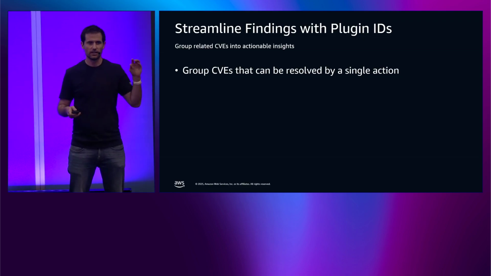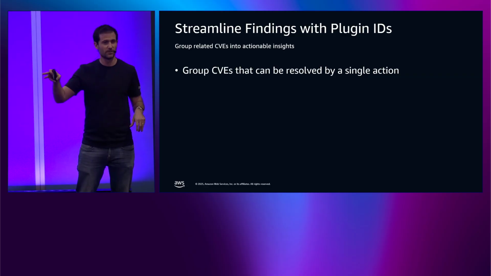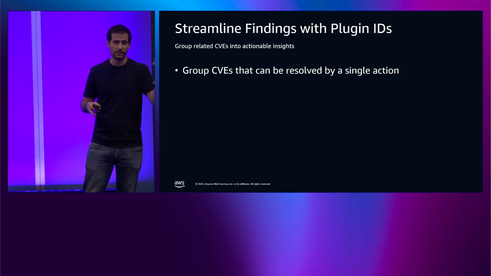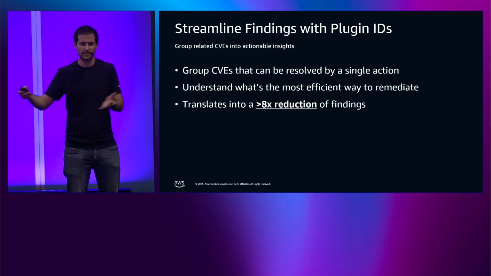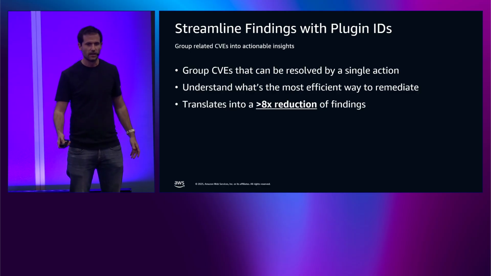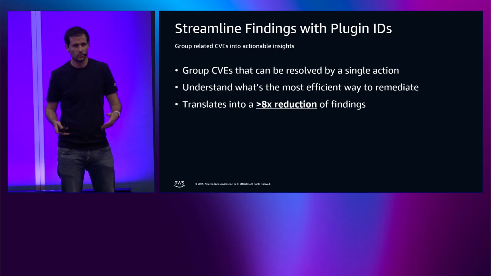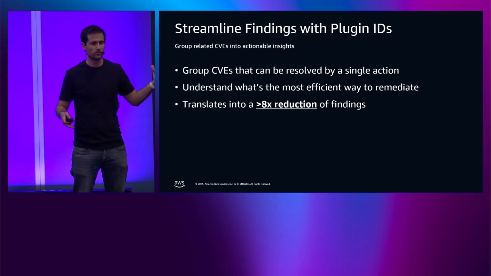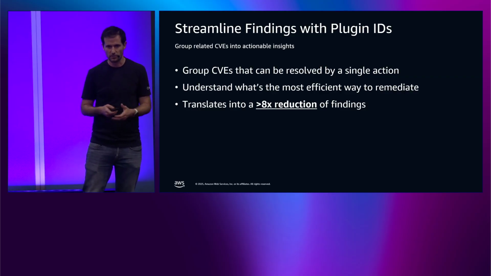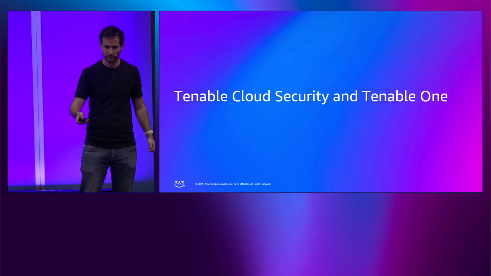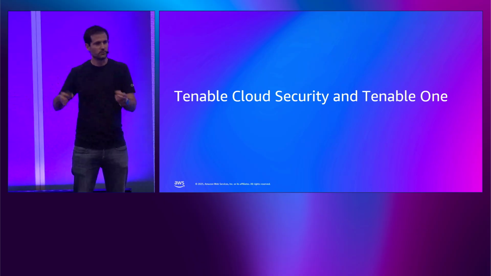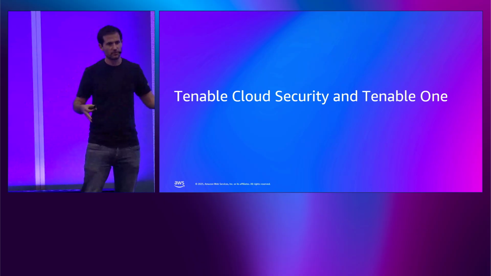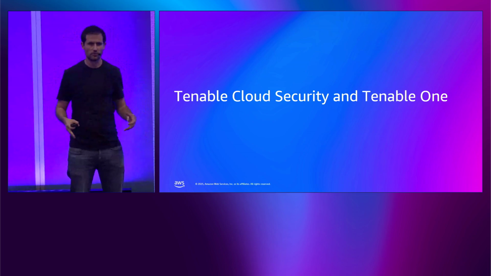So if we tell you that if you operate this version, you only solve one CVE, but if you do this, you solve 20 with a single action, you obviously want to start with solving 20 CVEs at a time, and it helps you create a more efficient remediation program.